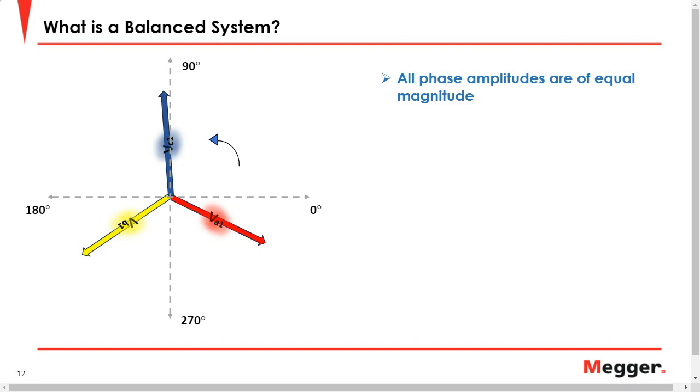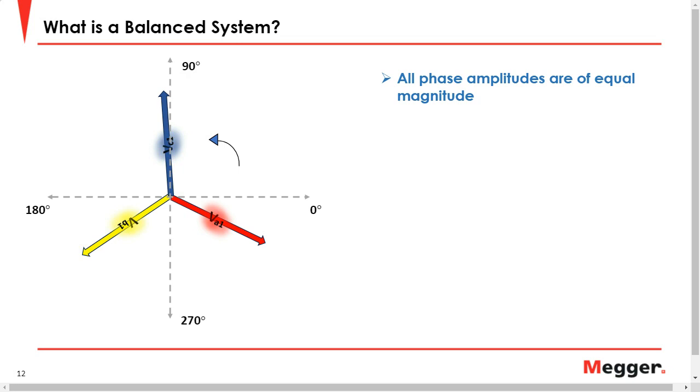And now, as we can see here, we have a phasor representation of a balanced system. We see that our VA is equal to our VB, is equal to our VC. Its phase angles are equidistant, and we have counterclockwise rotation here.